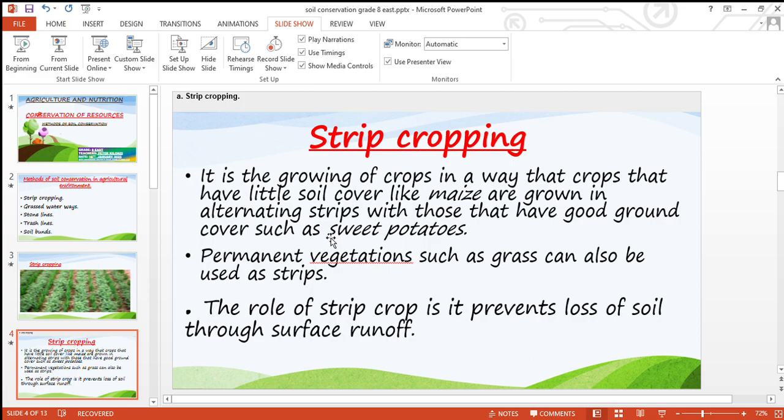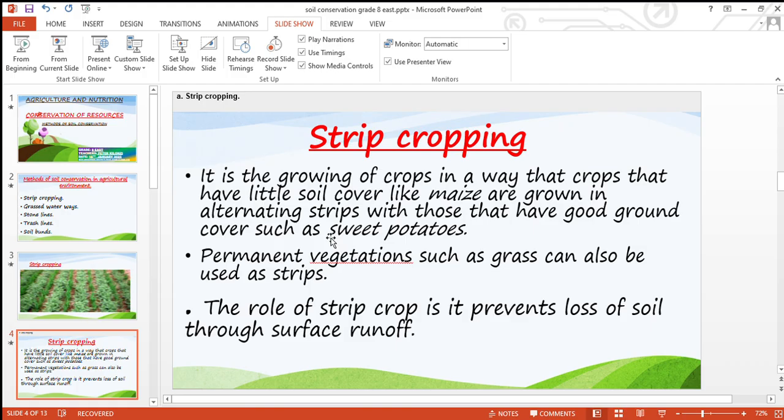Now, if we explain strip cropping, we say that it is the growing of crops in a way that crops that have little soil cover like maize are grown in alternating strips with those that have good ground cover, such as sweet potatoes.